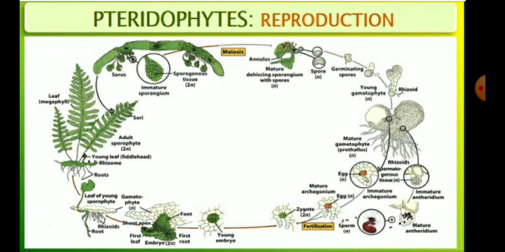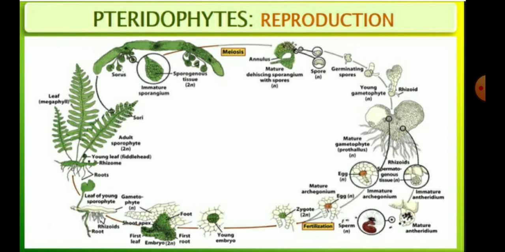So children, in this diagram you can easily see the picture of this pteridophyte plant. There are young leaves, and rhizomes or roots are present. There are some strobili or capsules present. In the sori, there are immature sporangia. In the sporangia, the sporogenous tissues are present, which are diploid in nature. Diploid means two sets of chromosomes.